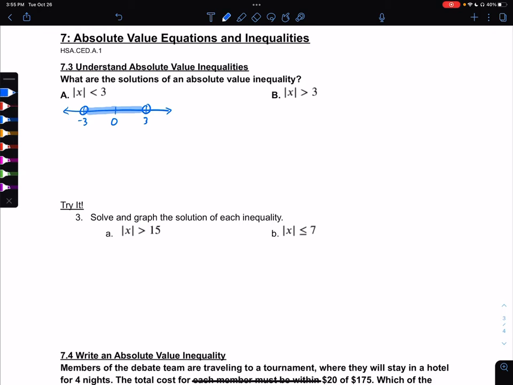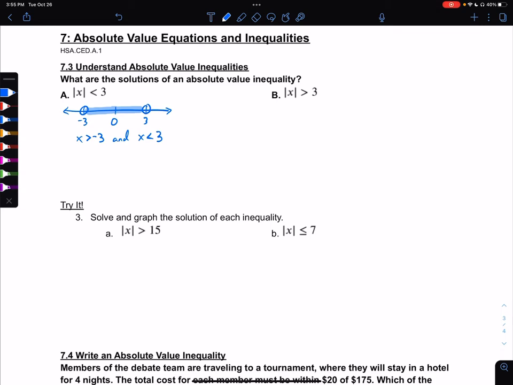And if you remember from the previous section when we talked about compound inequalities, this is an AND statement. Anything over here is greater than -3, and then over here, the values are less than 3. So we can write that that way.